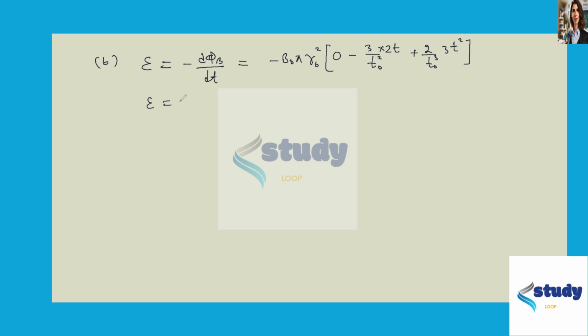So finally it will come out to be minus B naught pi R naught square times (6 by t naught cube multiplied by t square minus 6 by t naught square multiplied by t).